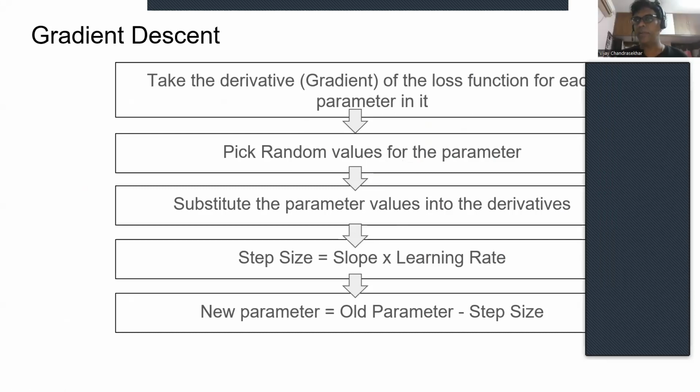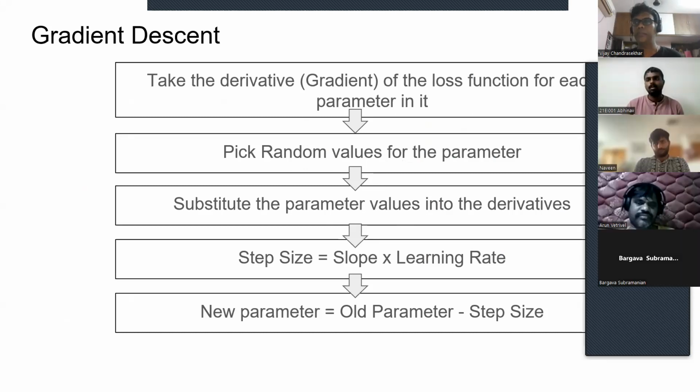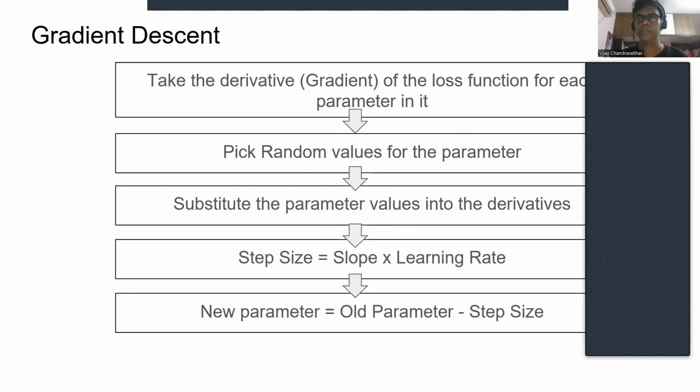The weights, right? Yes. Then substitute the value in the derivative. We are updating the parameters. The new parameter is updated regularly for each epoch. At some point, the value converges, and that's where we stop.